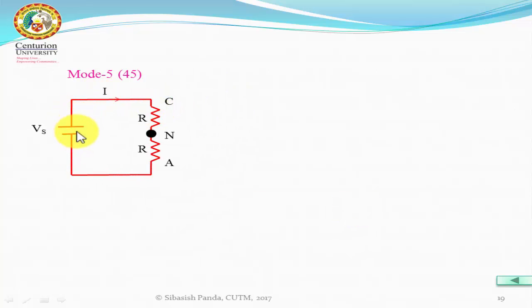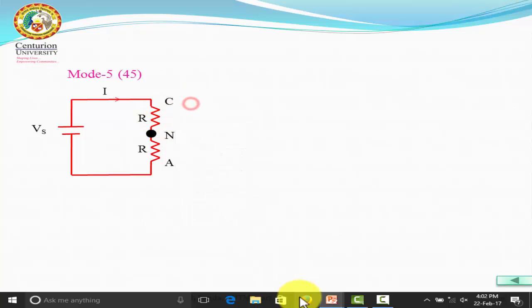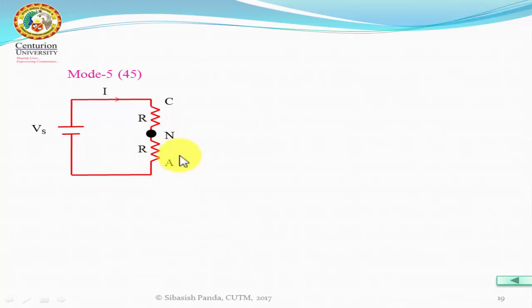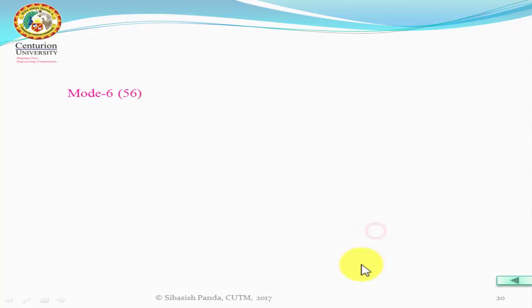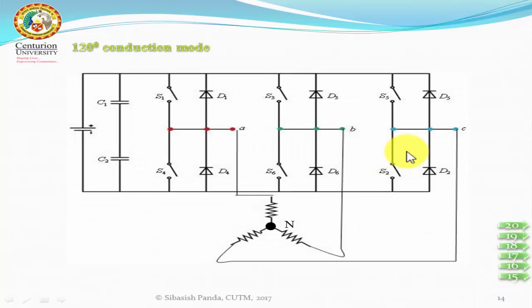So here we will get CN Vs by 2, AN will be minus Vs by 2, and BN will be 0. We can find out AB minus Vs by 2, BC minus Vs by 2, and CA plus Vs.